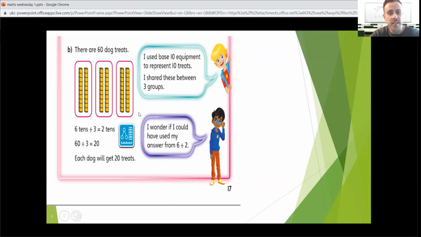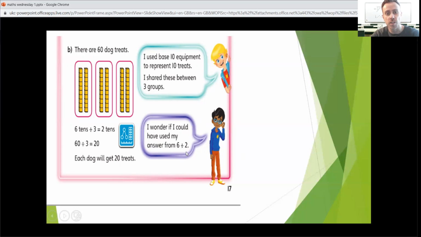Maybe you drew some base 10 out. Maybe if you realized 6 10s divided by 3 will equal 2 10s, 60 divided by 3 equals 20, and that means each dog will get 20 treats. Okay? The guy here saying, I wonder if I could have used my answer from 6 divided by 3. You could, because it's all the same sort of numbers, isn't it?